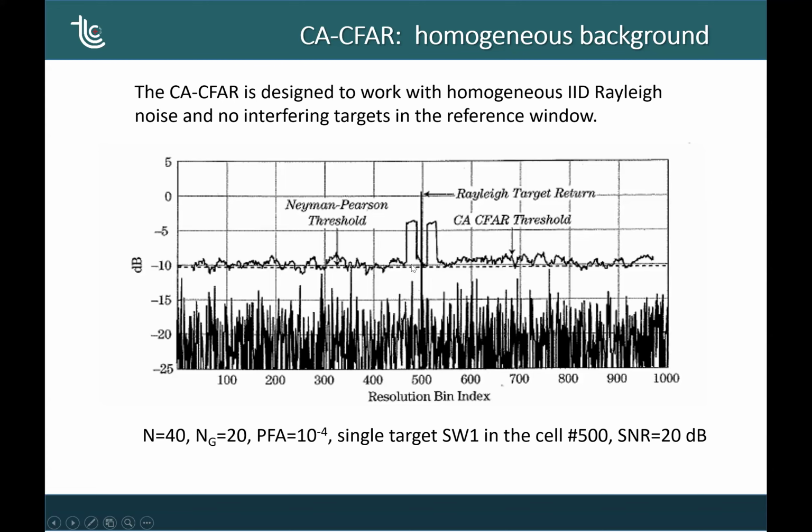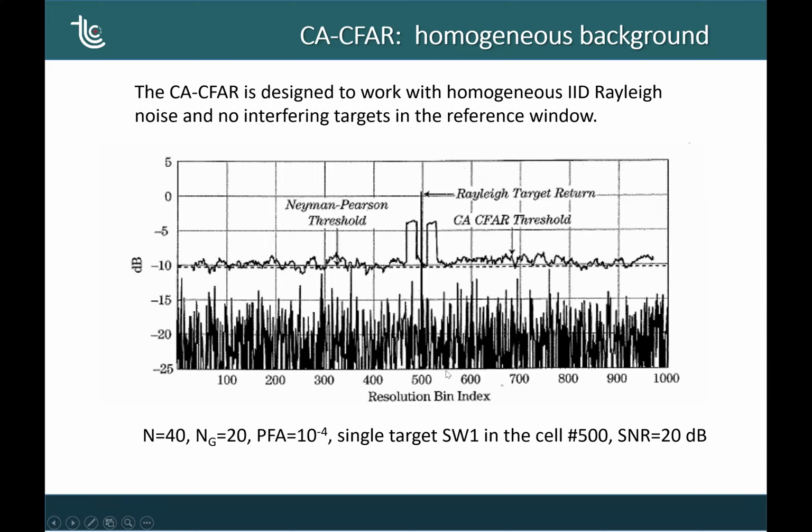This is because when you test, for instance, the cell under test 480, in your CFAR window, so in the samples that you use for estimating the power, there is also the target, and the target increases the threshold. That's why. And this happens also when you are after the position of the target.